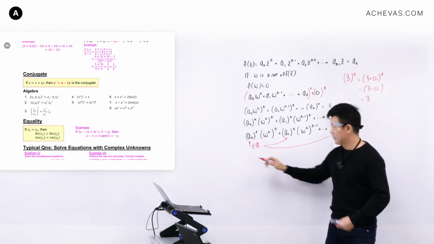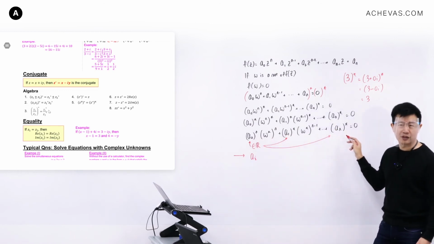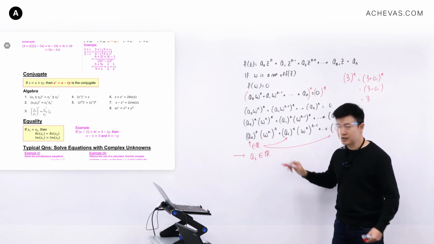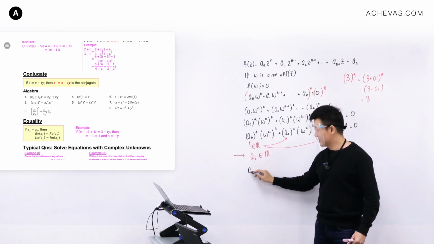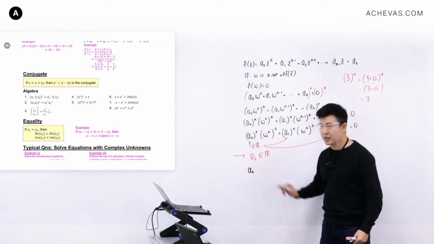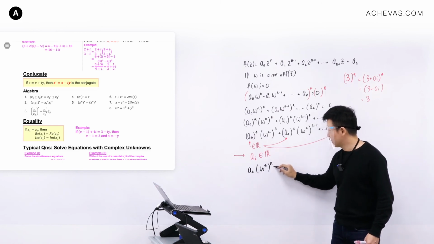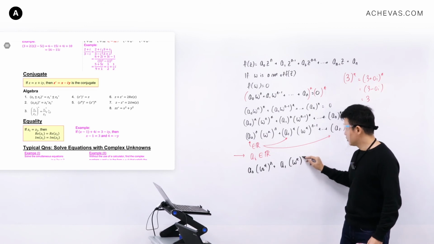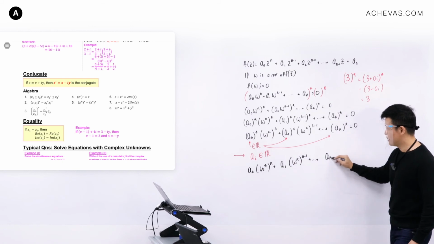That means if ai, where i is 0, 1, 2, 3 all the way until n, if ai are all real numbers, that means I can write a0 conjugate as a0. Then it will be this: a0 w conjugate to the power of n, then a1 w conjugate to the power of n minus 1, all the way until this will also become an.